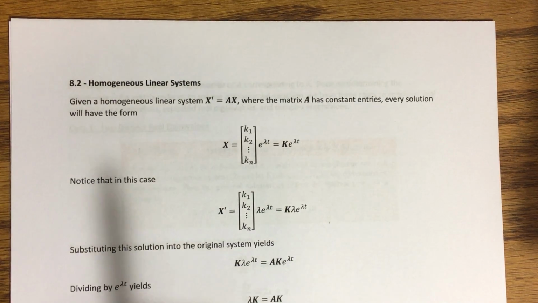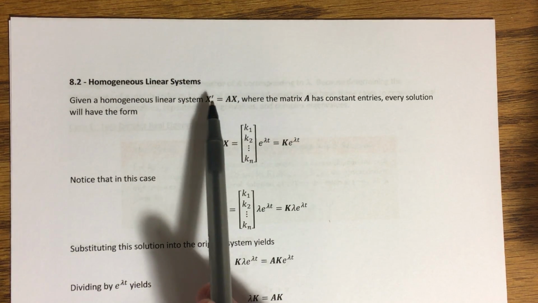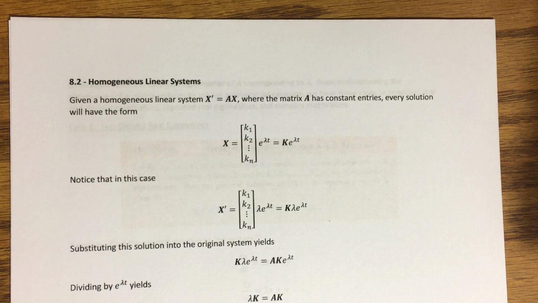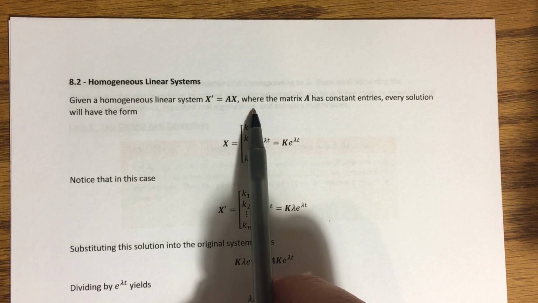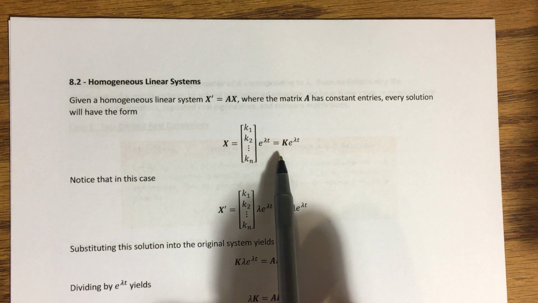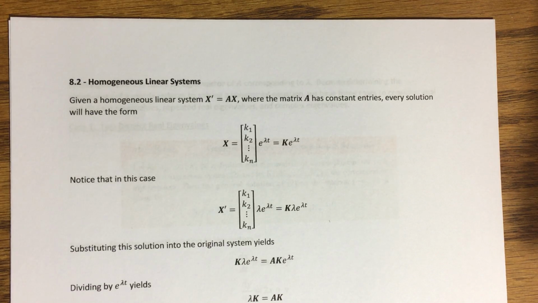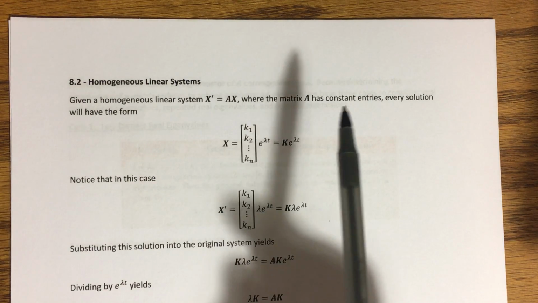If you remember from the last section, we said that the matrix form of a homogeneous linear system would look like this: X prime equals AX, where A is the coefficient matrix. We're assuming that the coefficient matrix has constant entries here. If that's the case, then every solution, and I'm making a statement here without proving it, but if you go back to the previous section and got through the homework, you should see that this was generally the case.